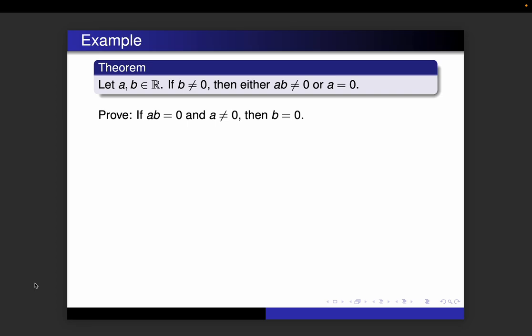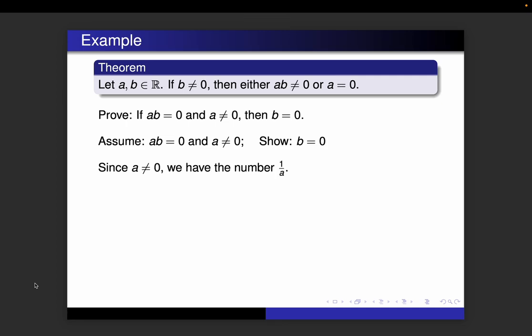All right, so our theorem is if B is not equal to 0, then either AB is not equal to 0 or A equals 0. But what we're going to prove instead is if AB is equal to 0 and A is not equal to 0, then B is equal to 0. So we're going to assume that AB is equal to 0 and A is not equal to 0, and then we're going to show that B is equal to 0.